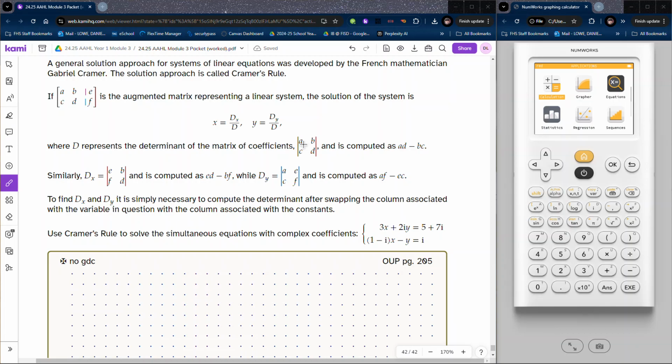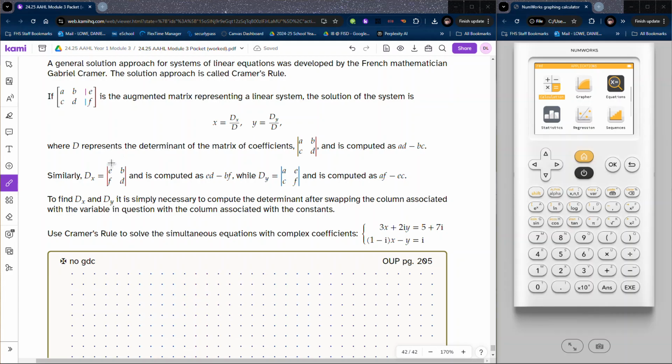And you compute it in a kind of butterfly pattern. You'll say a times d minus b times c. And then D subscript x will have a determinant that it represents, and D subscript y a determinant that it represents. The way we get D subscript x is we swap the column of the x variable with the column of the constants.